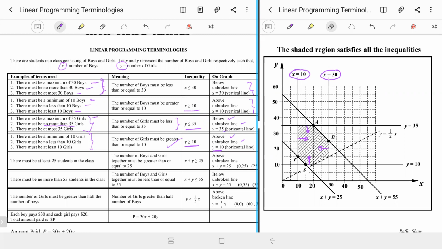If they're doing vehicles, buses and cars, as in the example we did a while ago, they might say the parking lot can hold a maximum of 20 vehicles. The vehicles will be taken to mean the buses and the cars added together.